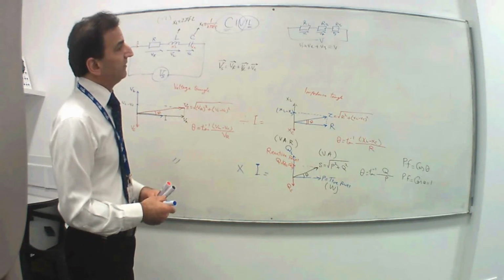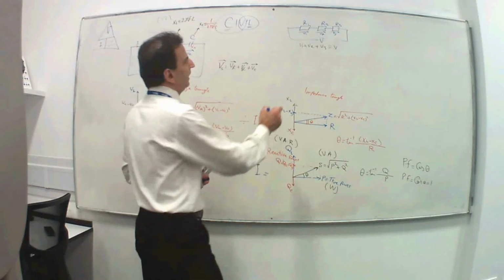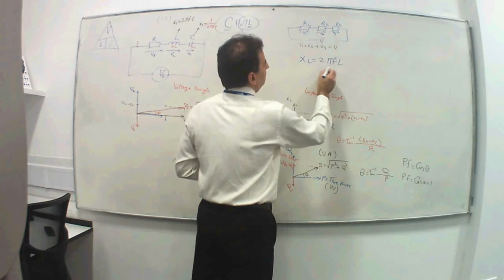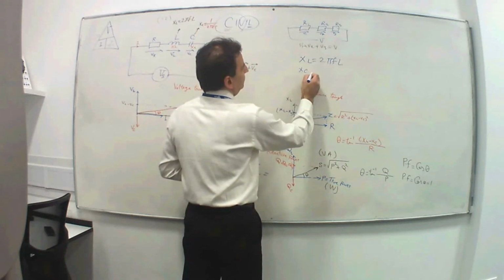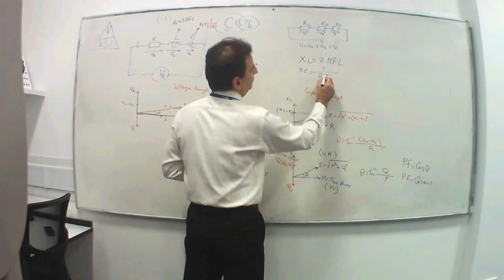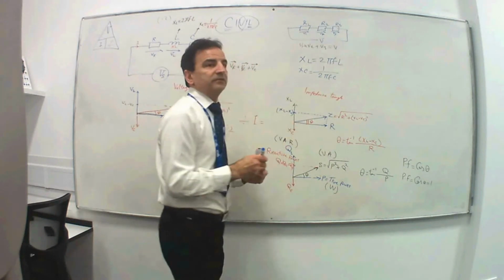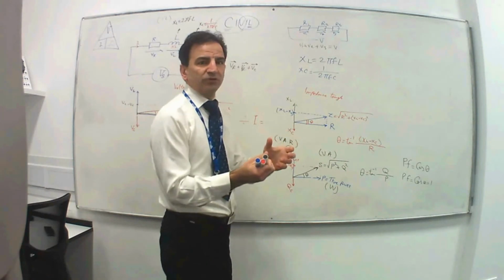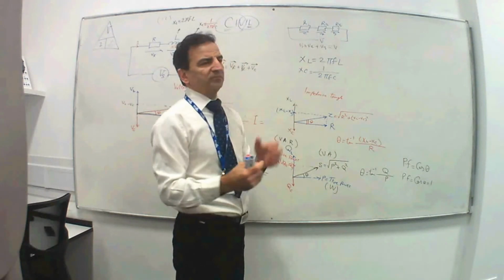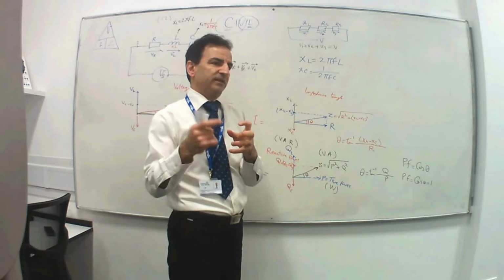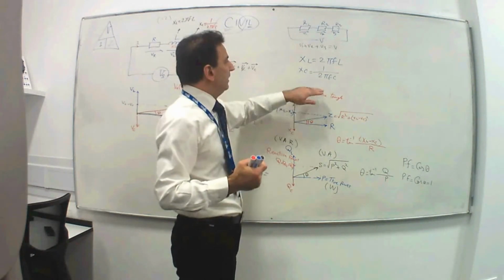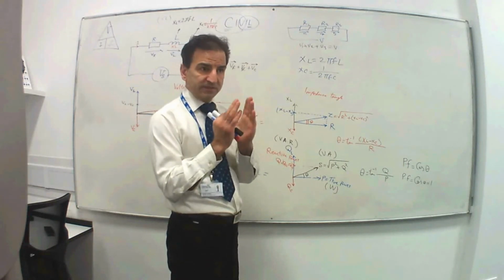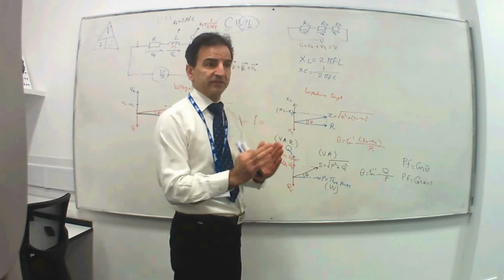At that frequency, because XL depends on 2 pi f L and XC is also dependent on 2 pi f C, we can't change the capacitor, not all the time. We talked about banks of capacitors coming in and out, but at the end of the day, the capacitor is a certain value, the inductor is a certain value.